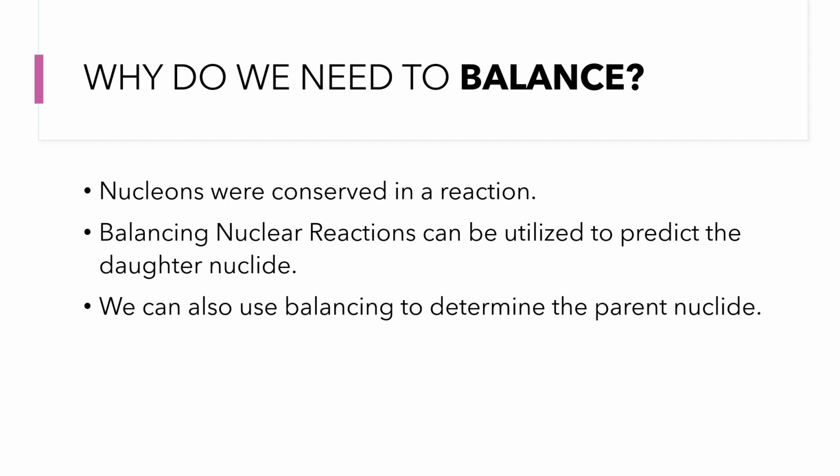Balancing nuclear reactions can be utilized to predict the daughter nuclide. So, kung hindi natin alam kung ano yung daughter nuclide natin, pwede natin gamitin yung balancing. We can also use balancing to determine the parent nuclei. Kung hindi natin alam yung pinaggalingan niya na nucleus, we can actually predict that.